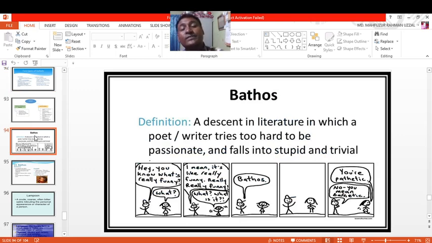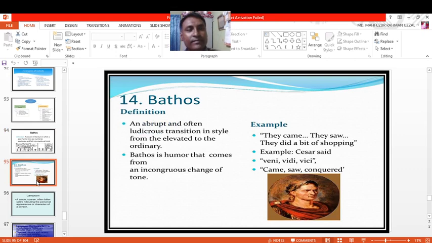Another literary device is bathos, a descent in literature in which a poet or writer tries too hard to be passionate and falls into the stupid and trivial. Bathos is an abrupt and often ludicrous transition in style from the elevated to the ordinary.